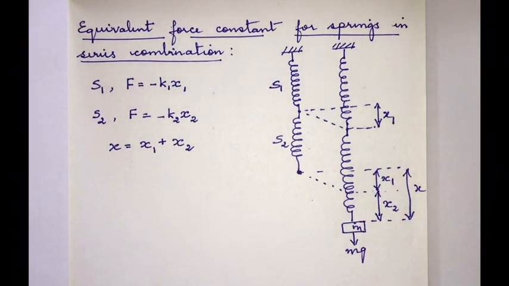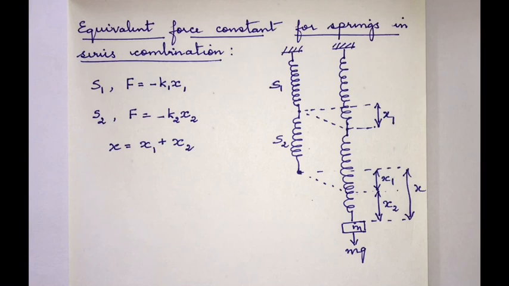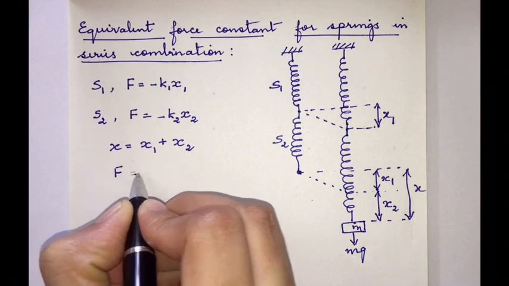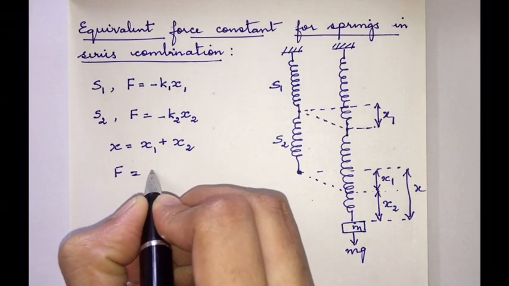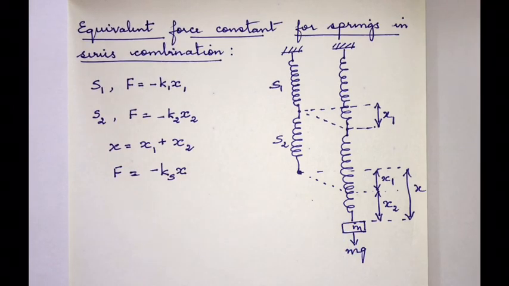Now, if the force constant for the series combination is taken as Ks, that is the total force constant because of these two springs, we can write the force is equal to minus Ks into x. X is the total extension due to the extensions in the two springs together.